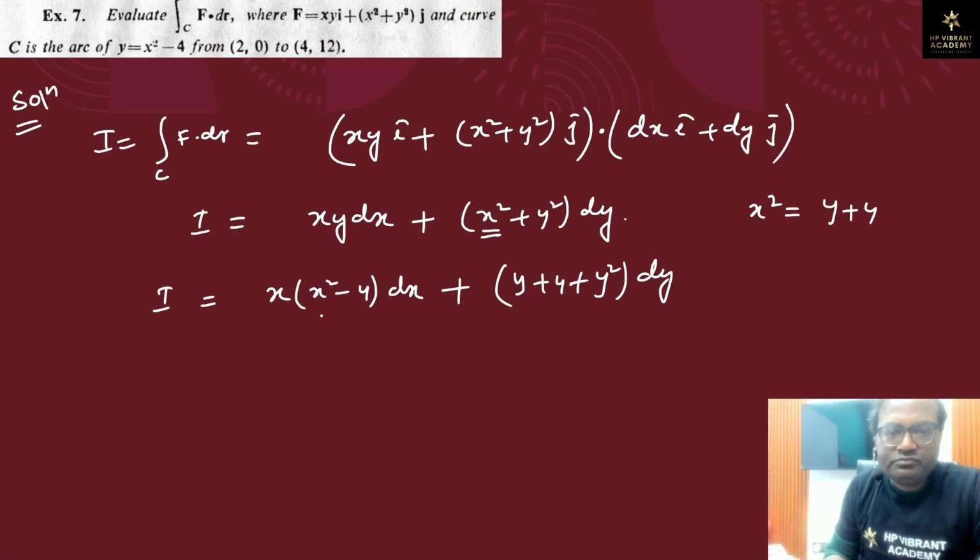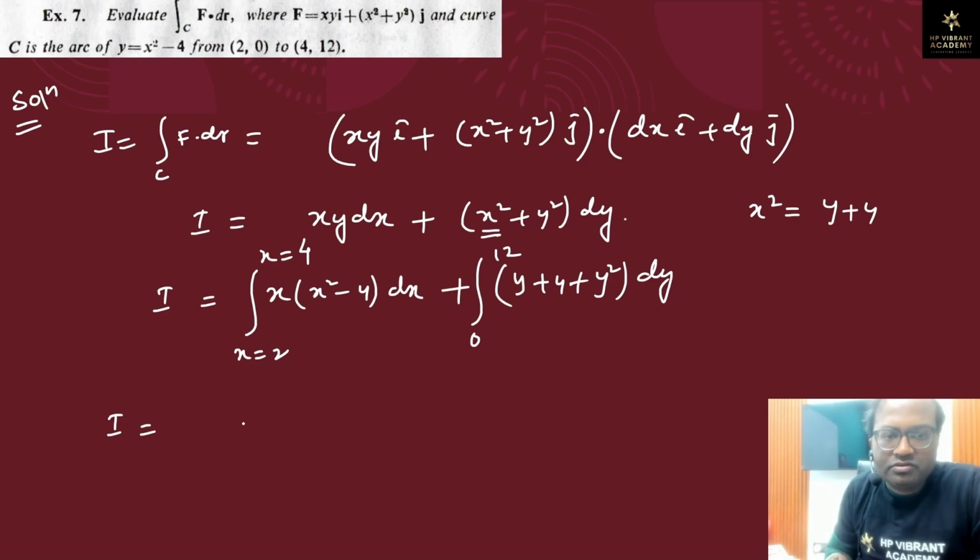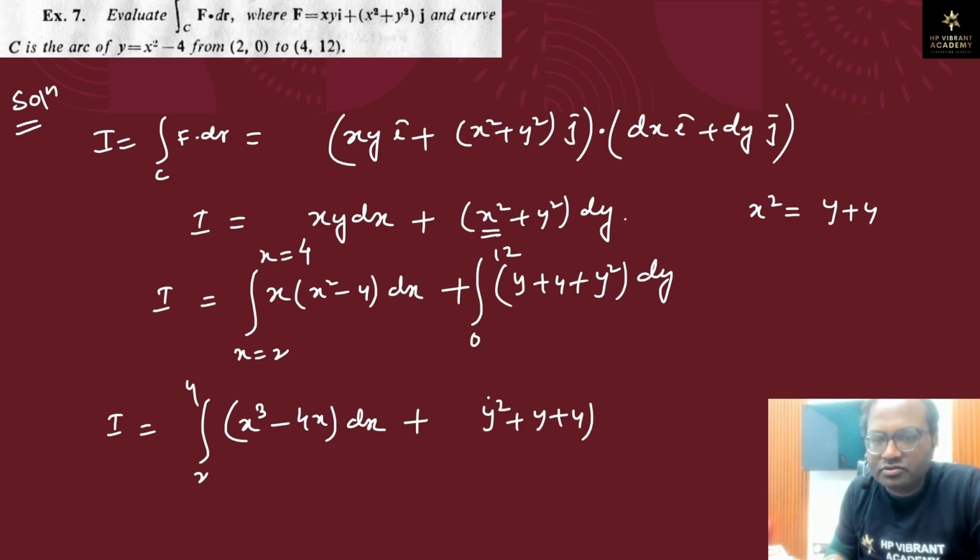The limit on x is that x varies from 2 to 4, and the y limit is 0 to 12. So I is equal to the integral of x cube minus 4x dx from 2 to 4, plus the integral of y square plus y plus 4 dy from 0 to 12.